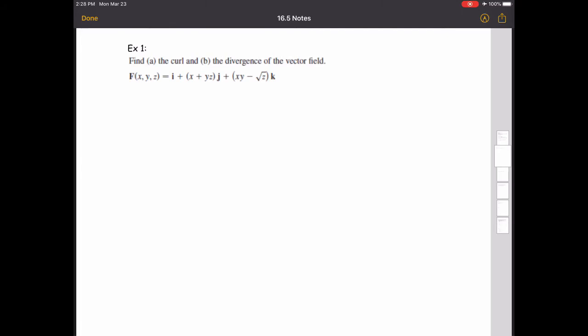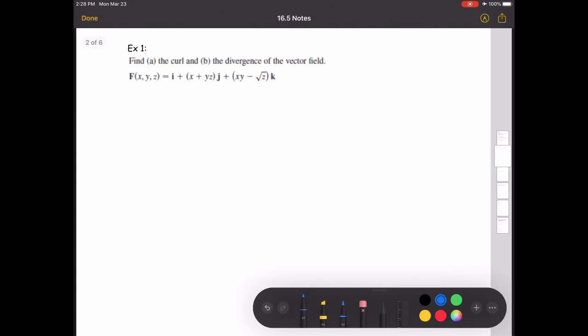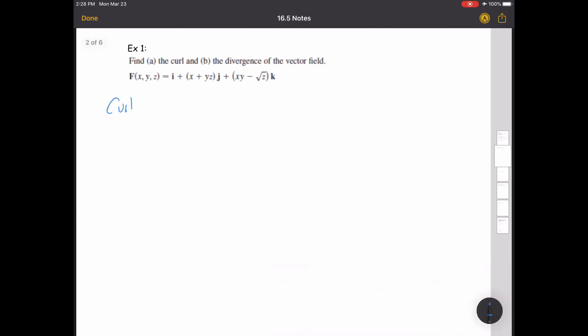So the curl of f is the determinant i, j, k, then the partial with respect to x, partial with respect to y, partial with respect to z, and then we write the x, y, and z components of our vector field.